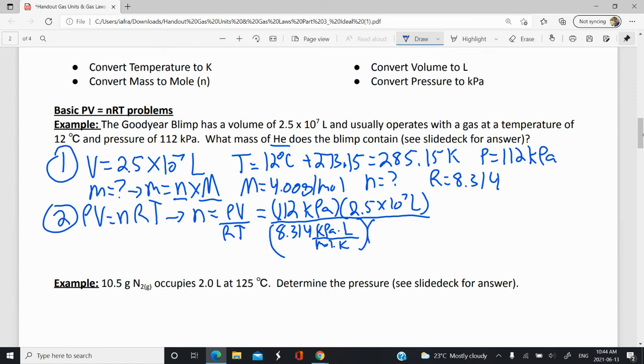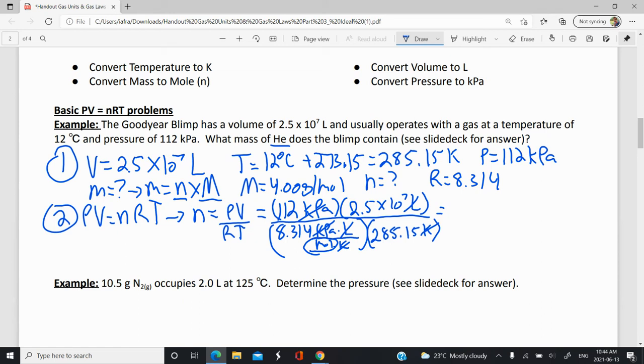And then times our temperature, which is 285.15 Kelvin. And we can go ahead and cancel a bunch of stuff out. So we'll cancel out our volume, liters out, our kPa out, our Kelvin gone. And what's left over? Moles.